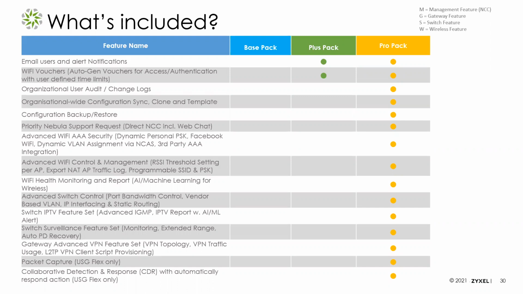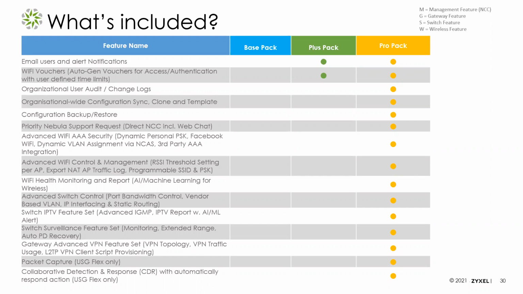Advanced Wi-Fi control, including the ability for us to use artificial intelligence to automatically tweak your Wi-Fi settings when we see that users are having some issues. Advanced IGMP snooping and some IPTV reports, the ability to use surveillance switch features, and some other stuff here on the VPN side of things.